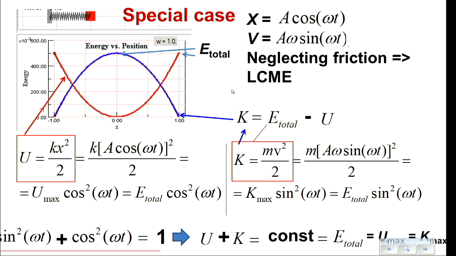Turns out we get the constant in the end, which is, again, a mathematical expression of the law of conservation of mechanical energy. Potential plus kinetic remains constant, always, neglecting friction.